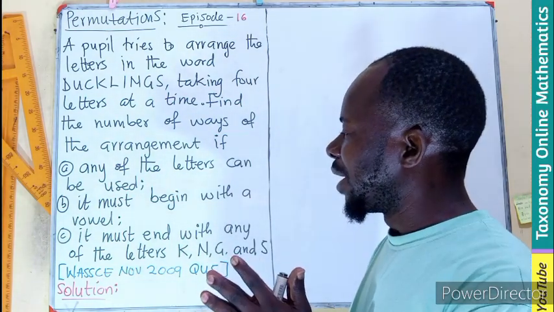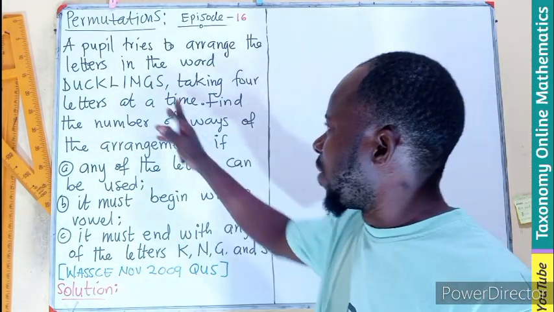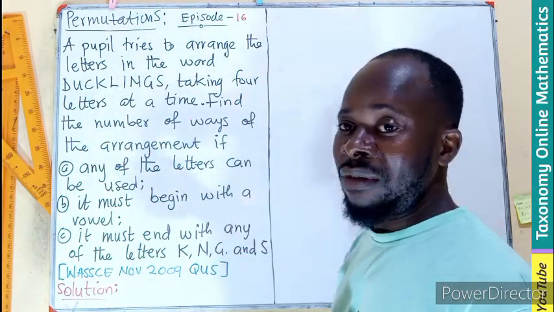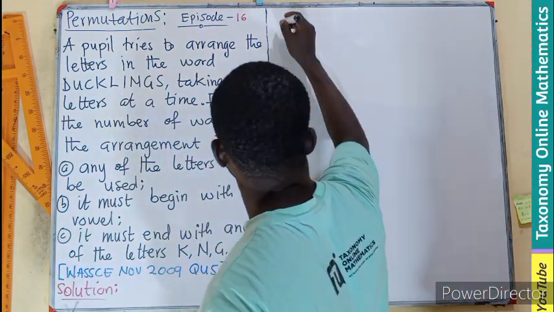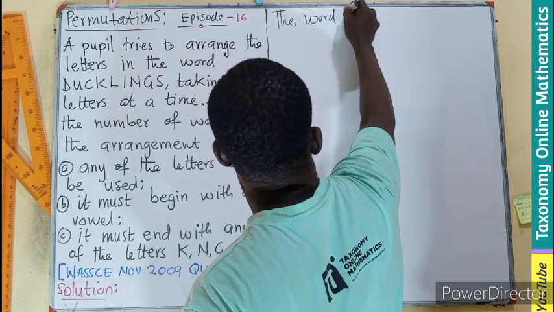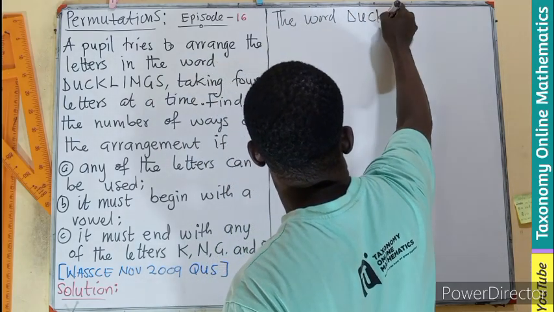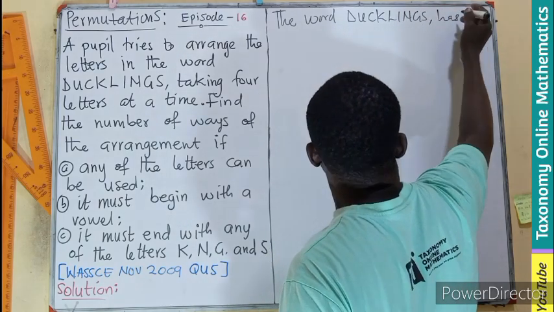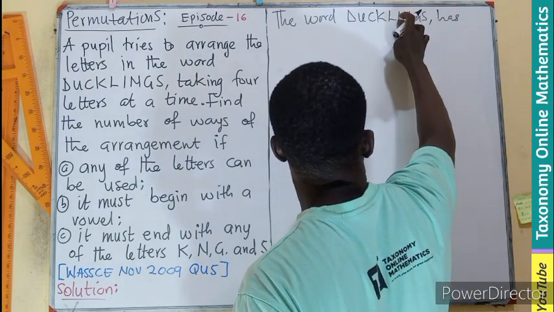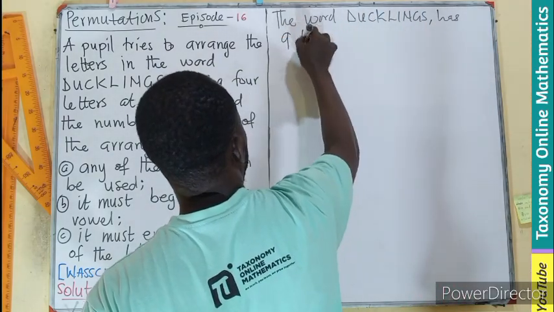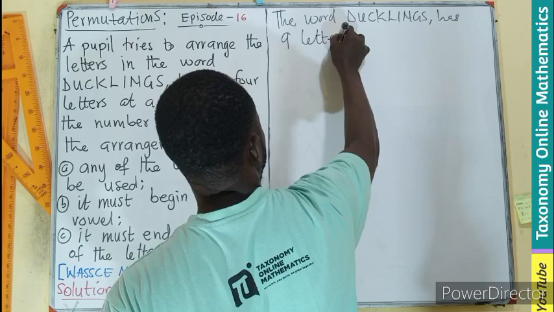So this simply means that we are arranging all these letters, taking 4 at a time, in the sense of the first question. The word "ducklings" has how many letters? 1, 2, 3, 4, 5, 6, 7, 8, 9. You have 9 letters.